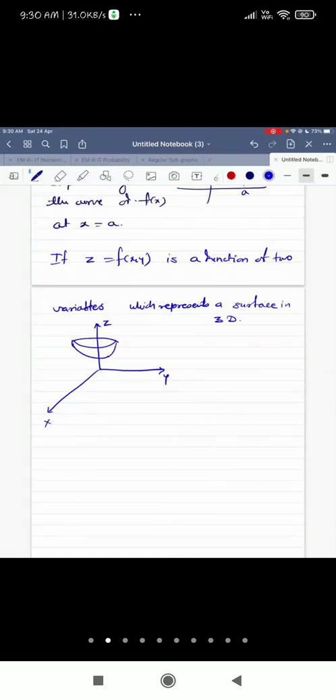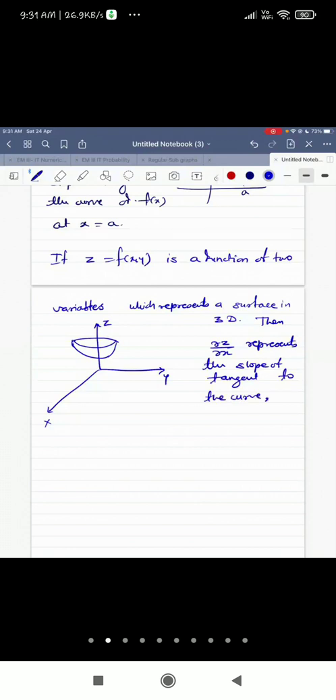So now see, if you are finding ∂z/∂x, then it represents the slope of the tangent to the curve. Which curve?